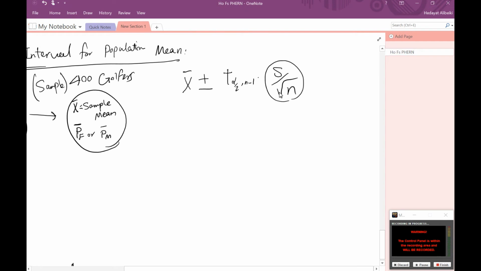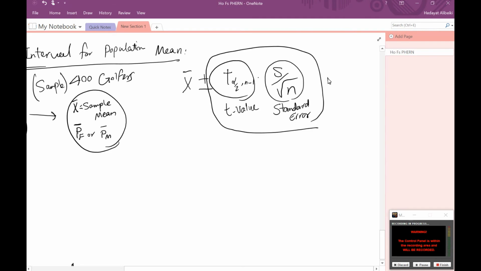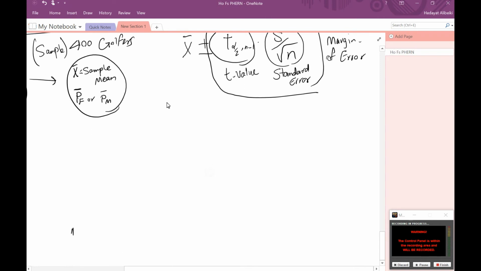So this is the standard error. This is the t value. This whole thing is the margin of error. Indeed, we're coming up with an estimation for mu.